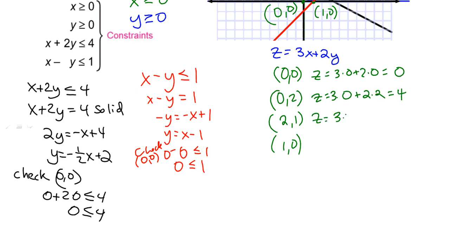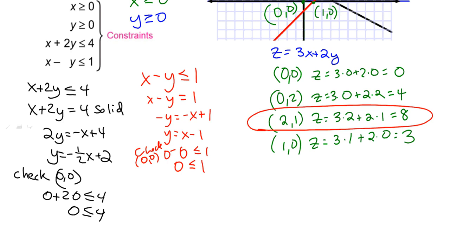Z equals 3 times 2 plus 2 times 1, which is 6 plus 2, so that's 8, has potential. Z equals 3 times 1 plus 2 times 0, which is 3. And so the optimal solution happens when x equals 2 and y equals 1.